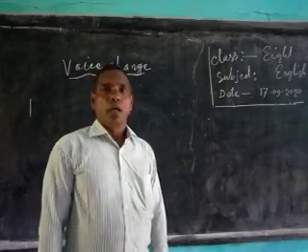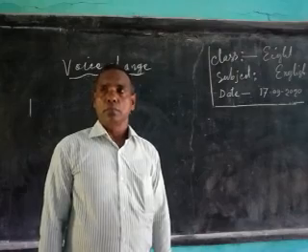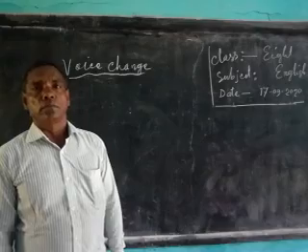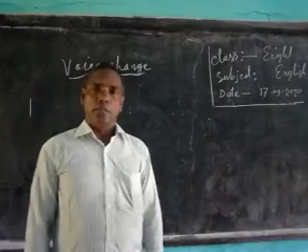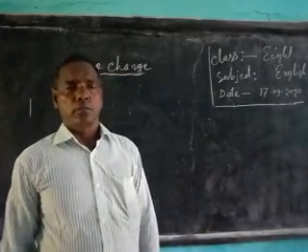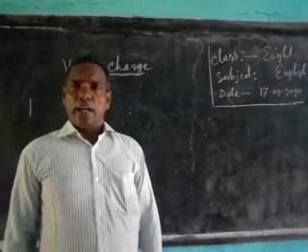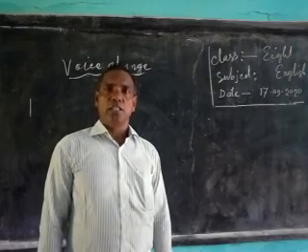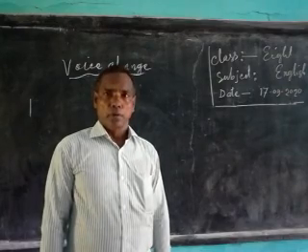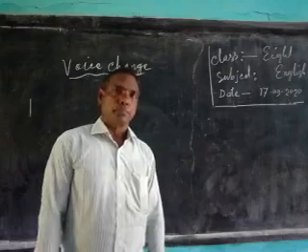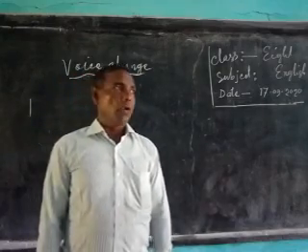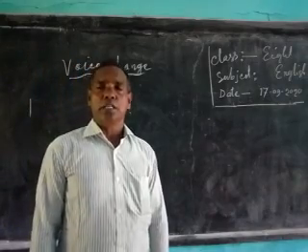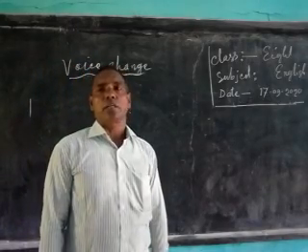Firstly, rule number 1: object has to be changed as a subject. Try to write this because it is very essential for you. I am telling again, number 1, object has to be changed as a subject.